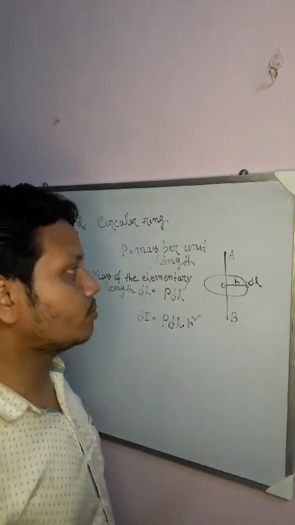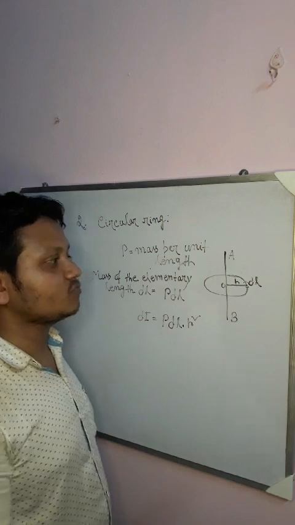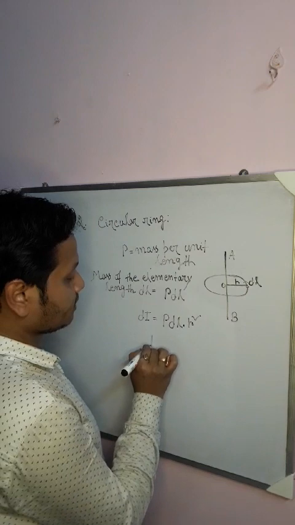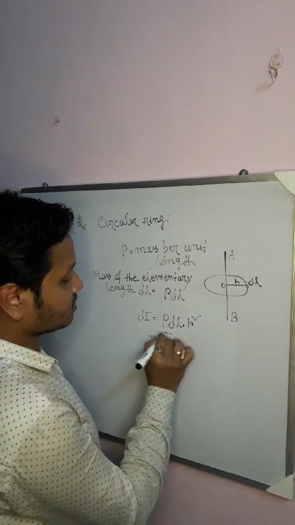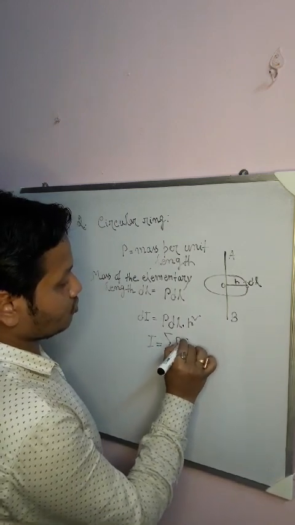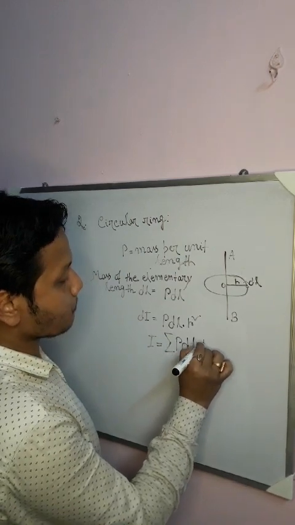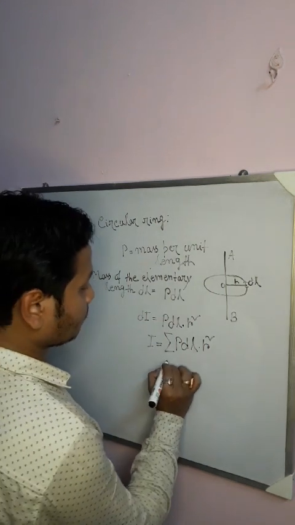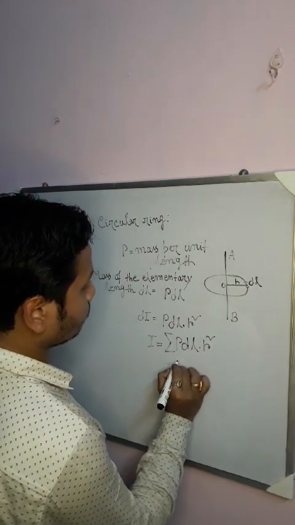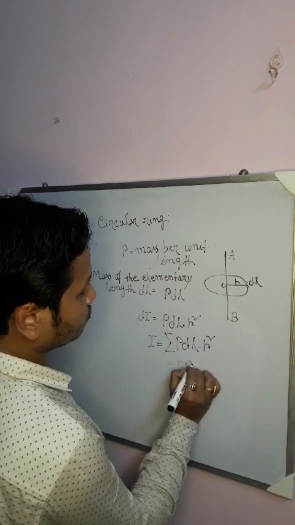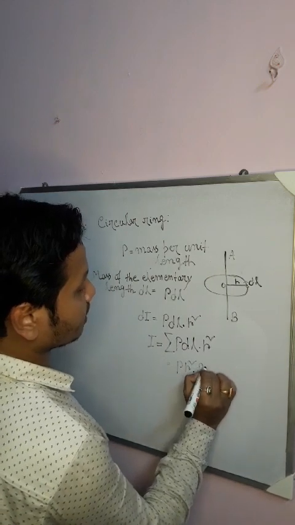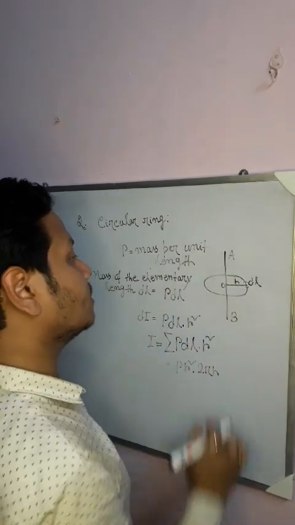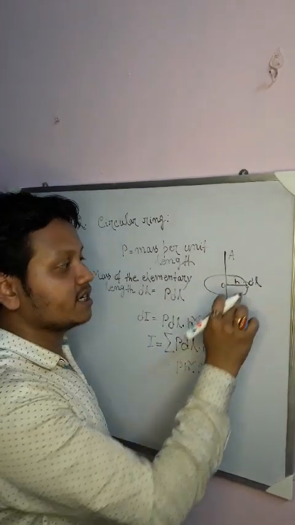So what would be the moment of inertia of the entire circular ring about the axis AB? We have to take summation, that means rho dl r square, that is rho into r square times summation of dl, which is 2 pi r, because the entire circumference can be divided into small elementary lengths of dl.